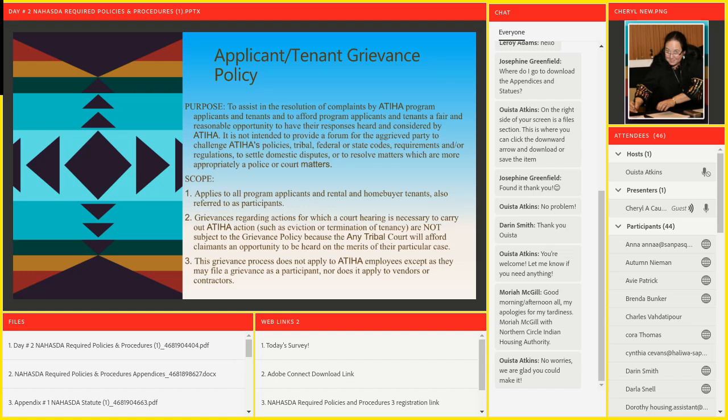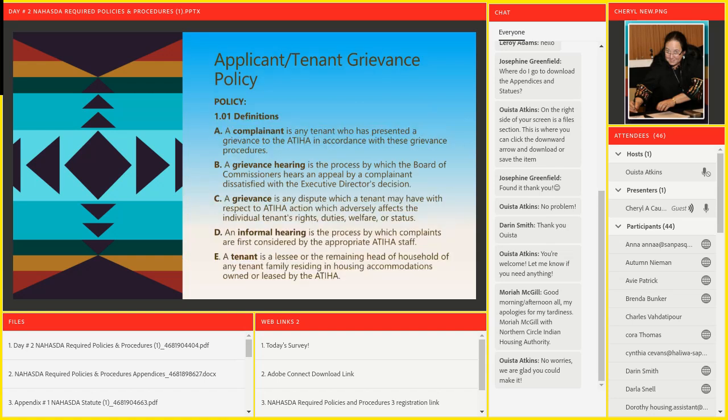The grievance process does not apply to your employees, except as they could file a grievance if they were one of your participants. Nor does it apply to vendors or contractors, but you need to have that grievance policy in place.